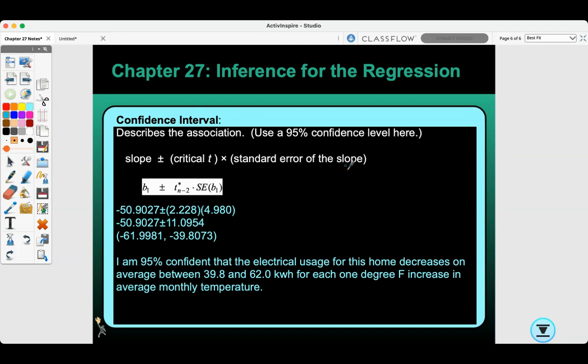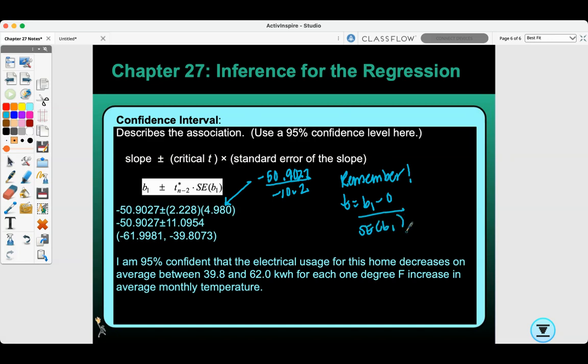Something you need to remember is that to get my standard error, it's actually negative 50.9027 divided by negative 10.2. Because t equals b1 minus 0 all over the standard error of b1.